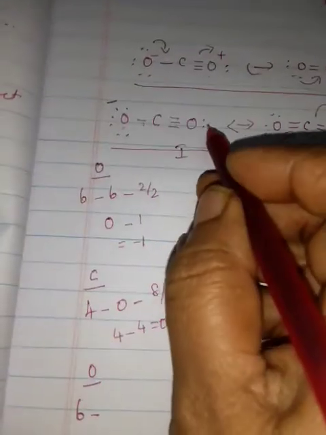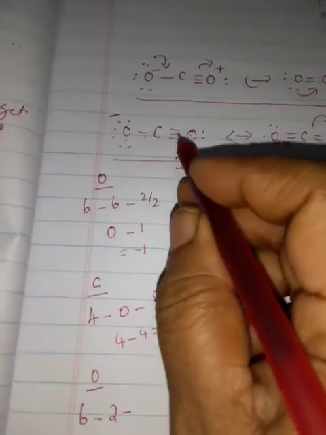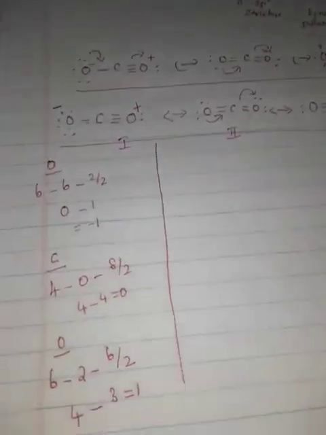Taking this oxygen: valence electrons 6, lone pair 2, bond pair 3. So 6 minus 2, 4, minus 6 by 2, 3, equal to 1. So only a plus charge. Is it okay, children? Now I think you could have understood.